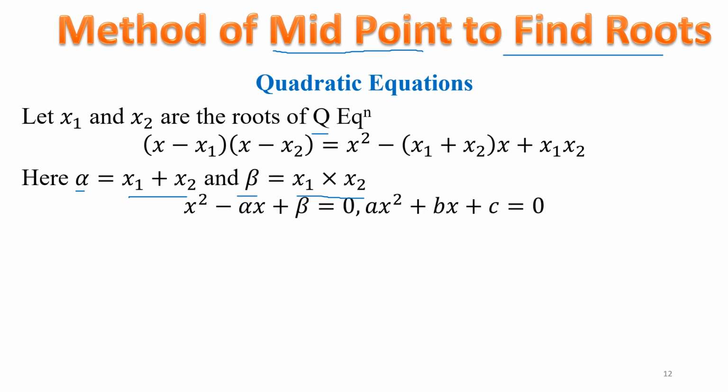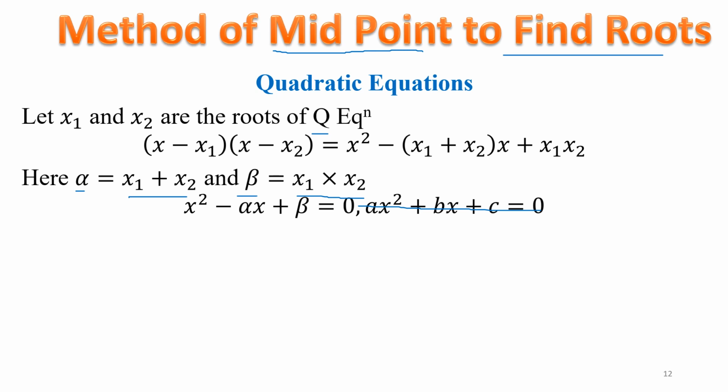That gives me a compact representation of the formula: x squared minus alpha x plus beta equal to 0. So this is the way of representation I prefer.